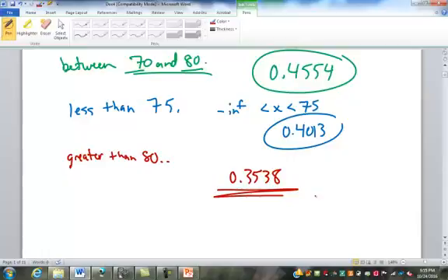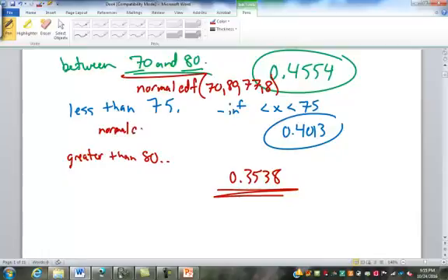Now I want to go the other direction. So here, with the probability being between two values, we just entered normal CDF, put in those values, 70 to 80. We had our mean, and we had our standard deviation. Less than, there's normal CDF.